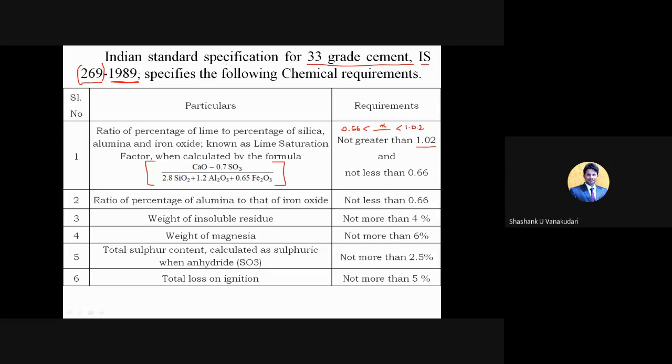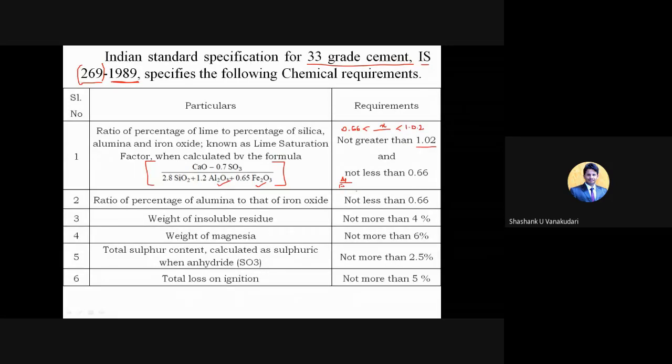Got it? So similarly, the second point, that is the ratio of percentage of alumina to that of iron oxide, Al2O3 and Fe2O3, it is not less than 0.66. Means you need to substitute the values here, the ratio of the percentage of alumina divided by iron oxide, Fe2O3.